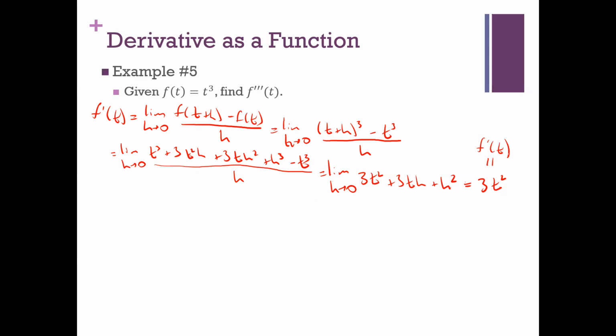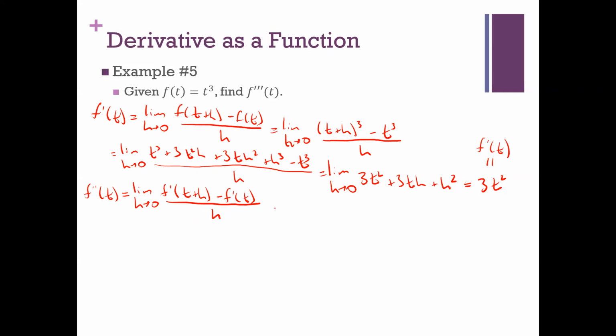I don't want f prime of t. I want f triple prime. So now what do I have to do? F double prime. So f double prime of t. And how is that related to f prime? It's the first derivative, right? So now I'm looking at this limit, f prime of t plus h minus f prime of t all over h.